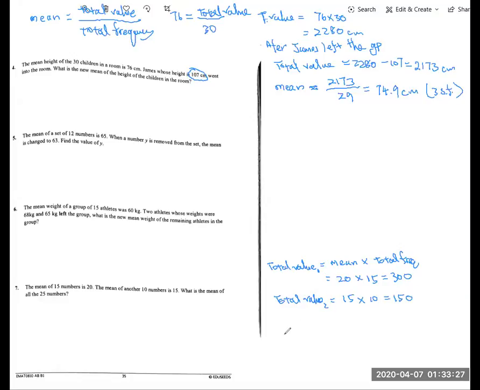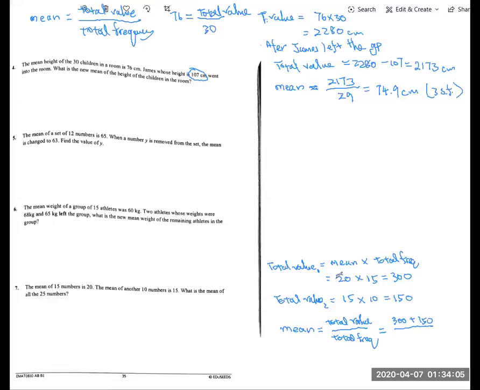Now, to find the average mean when you group them together, the mean is equal to the total value of the two groups over the total frequency of the two groups. Then you put them into a single group. So the total value of the first group is 300 plus the total value of the second group, 150, and then divided by the total frequency.